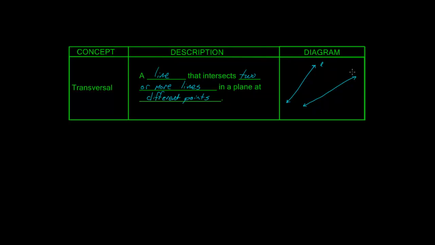We'll say our line L and line M. Now, in order to draw the transversal, you will have another line that comes through. It intersects the 2 lines in this instance, and it intersects them at different points. You'll have an intersection here and an intersection here.